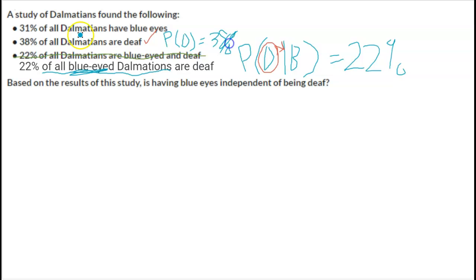Well, guess what? The conditional probability and the probability without conditions of the same event, being deaf, are not equal. And that means not independent.